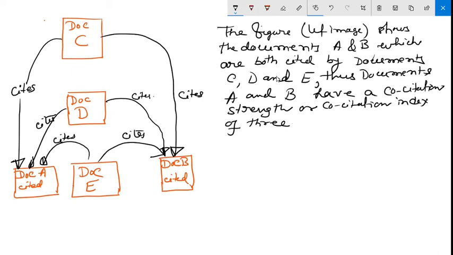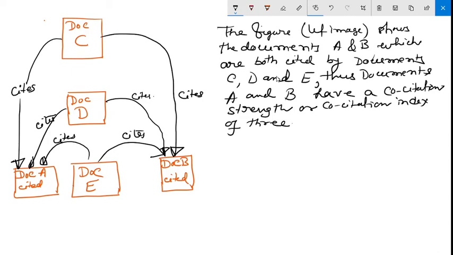Okay. So what it says here is very understandable: document C is citing document A, document D is citing document A, document E also citing document A. Similarly, document B is cited by documents C, D, and E. So in this case, we will say that documents A and B have a co-citation strength or co-citation index of 3.